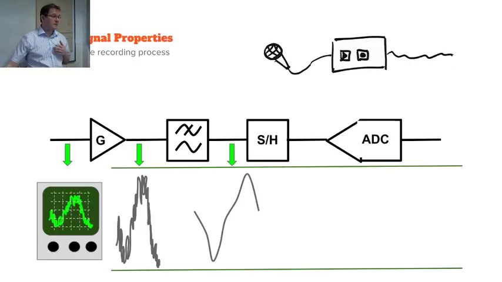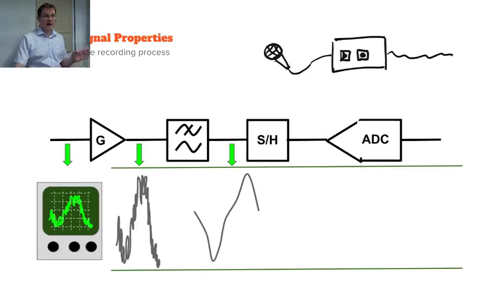Okay, then the next step. After the low pass filtering, there shouldn't be any more of these quickly changing signals. Fundamentally, we have to remove all the frequency components which are higher than the Nyquist frequency.